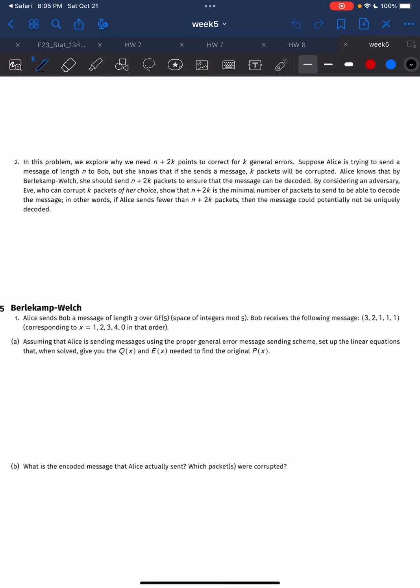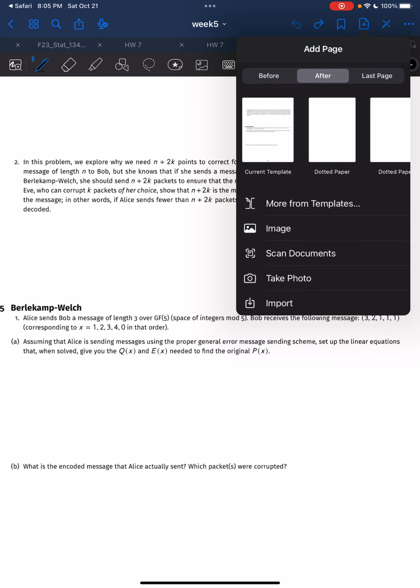Basically, the important part of this question is the last couple lines. If Alice sends fewer than n plus 2k packets, then the message could potentially not be uniquely decoded. So we're saying that there is Eve who can, so let me make a new page. There's Eve who can replace or corrupt k packets.